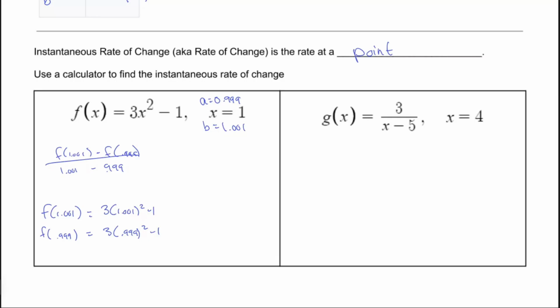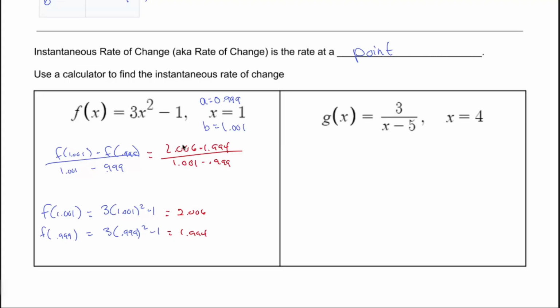Some pretty unpleasant numbers. We found out that U ended up being 2.006, blah, blah, blah, but we'll leave it at that. And U ended up being 1.994, blah, blah, blah, but we'll leave it at that. So that meant that we had 2.006 minus 1.994 divided by 1.001 minus 0.999.